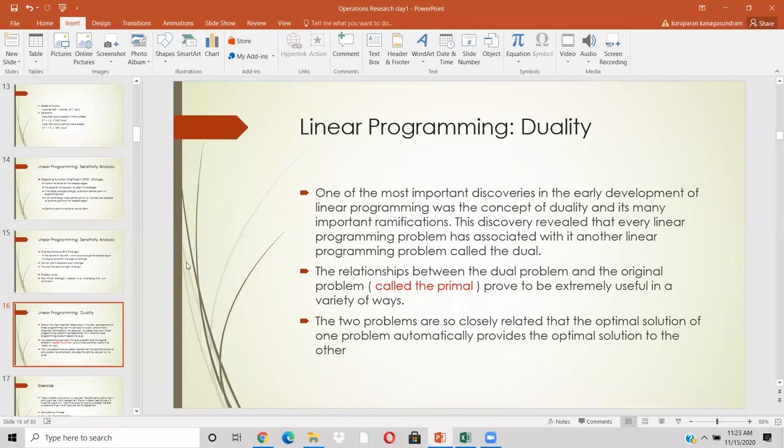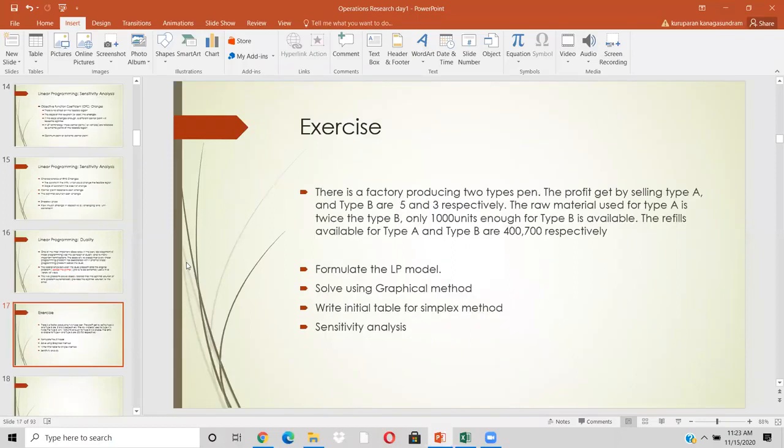Okay, we'll look at the exercise, and by doing this exercise we will revise everything: formulating, solving using the graphical method, how to write the initial table of the simplex method, and how to do the sensitivity analysis. In your exams they will ask this way.